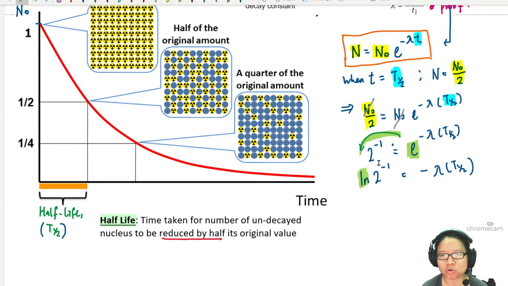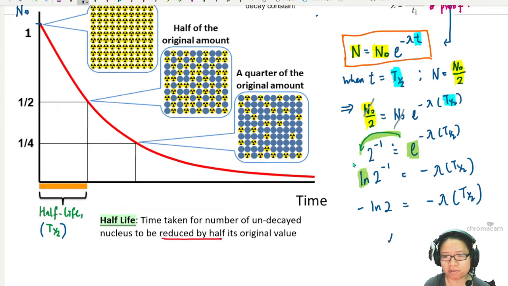So ln goes over and becomes exponent, exponent comes over and becomes ln. All right, so I got to deal with the power negative 1, which we can bring down. So I'll get negative ln 2 is equal to negative lambda times half-life. So I will have lambda is equal to, because the negative goes away, ln 2 over half-life.